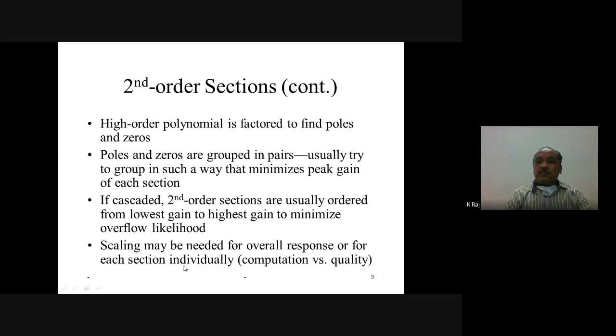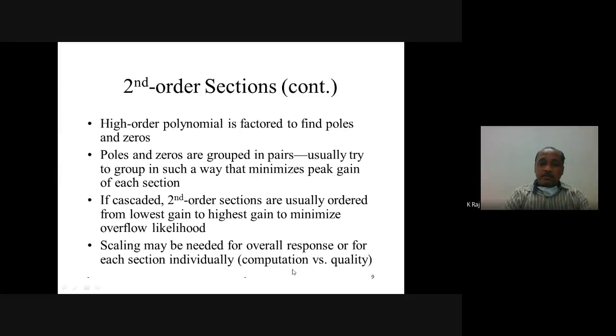For each section or for the overall design. Designing each section means, because we are using the second order sections here, either in the cascade manner or in the parallel manner. So each section has to be scaled, or we can scale the overall design.